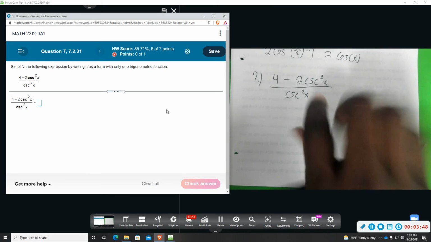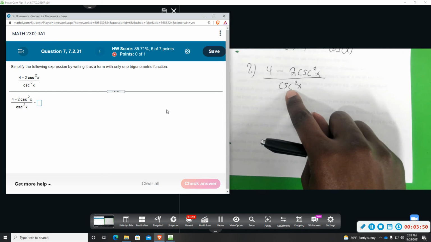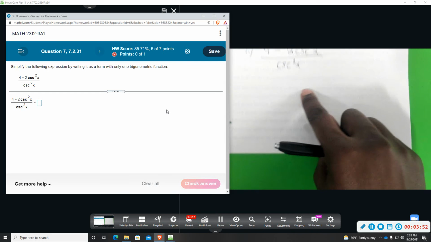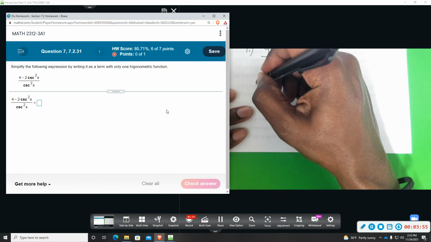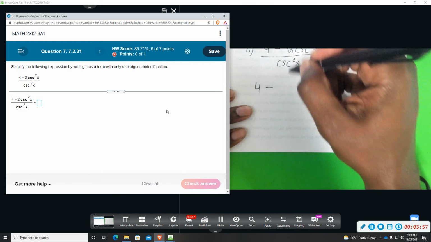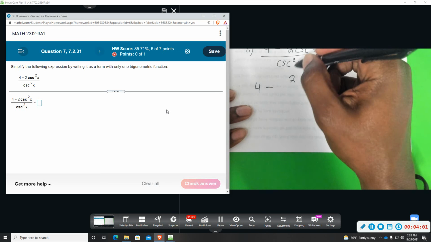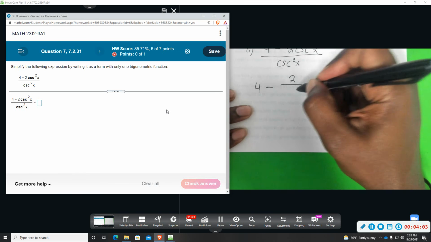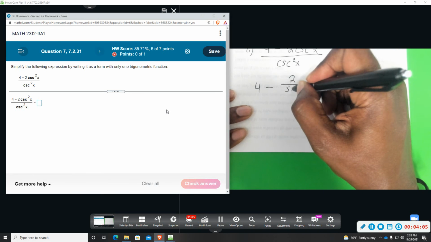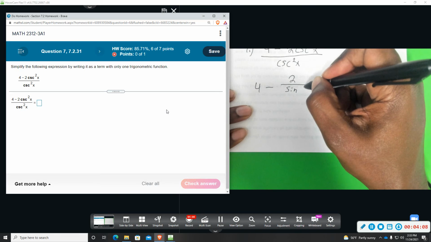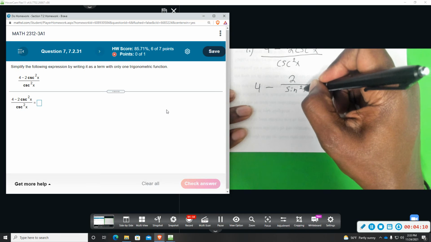Alright, so first I'm going to rewrite these in terms of sine. 4 minus, this 2 will be on top, and think about it like 1 over sine, and the 2 is going to be on top this time. Sine squared x.